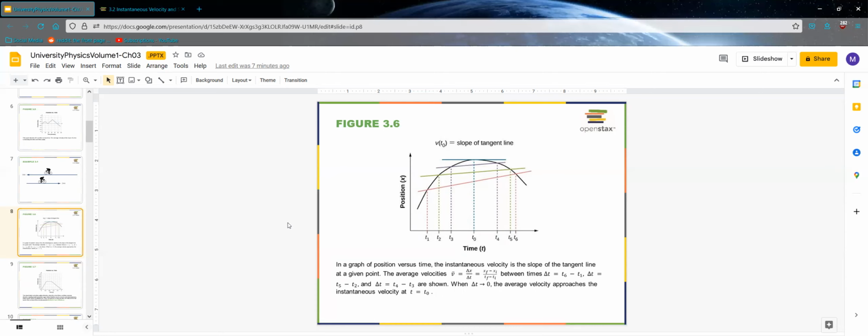So if you look at a position versus time graph, the black arc there, and then choose any two position points and compare them, you will get a velocity based off of that comparison. Velocity, of course, is distance divided by time, right? Miles per hour.